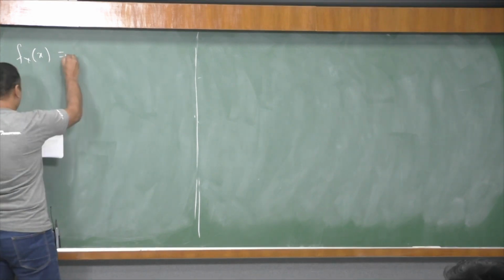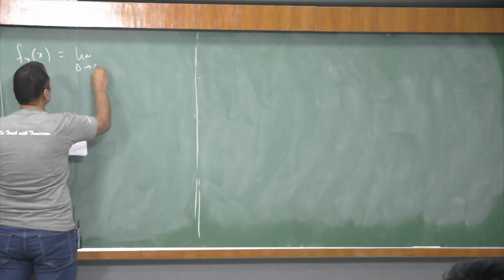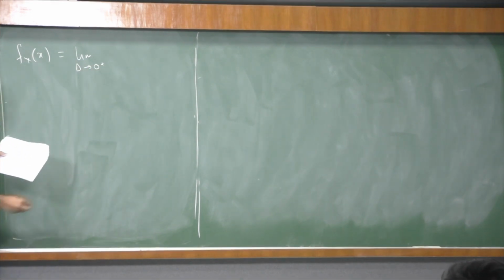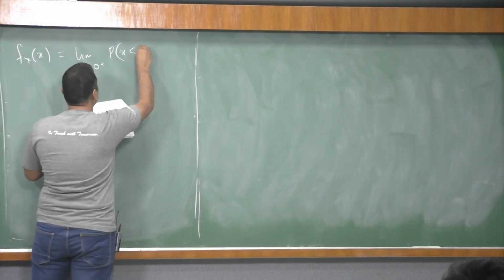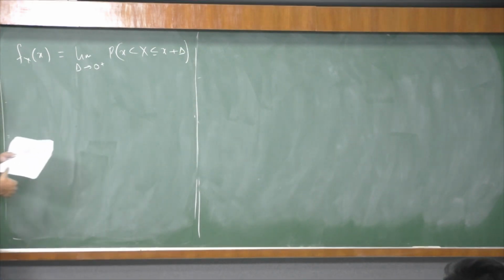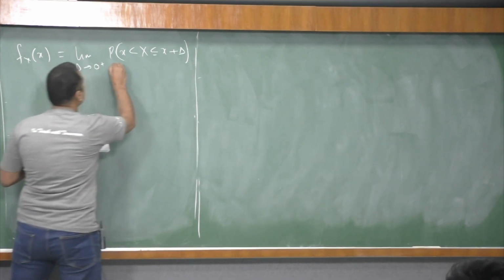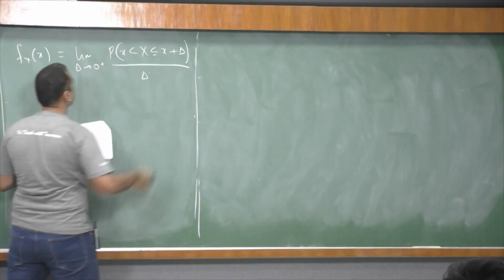So this is like limit delta tends to 0 of the probability that x is less than X less than x plus delta, divided by delta. So delta is the increment in x.